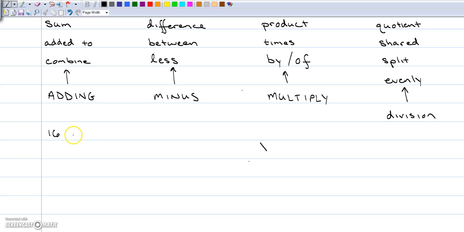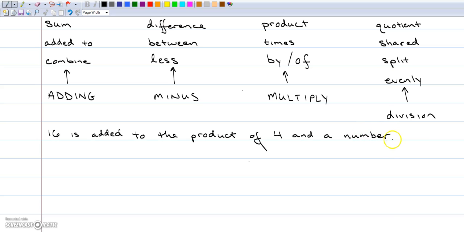16 is added to the product of 4 and a number. The result is 24.